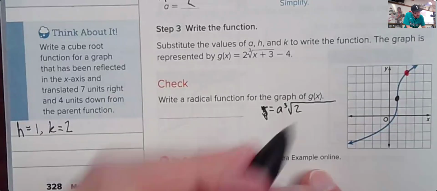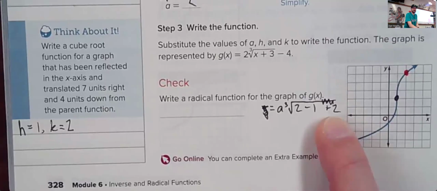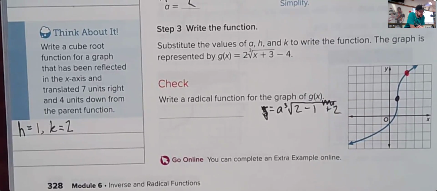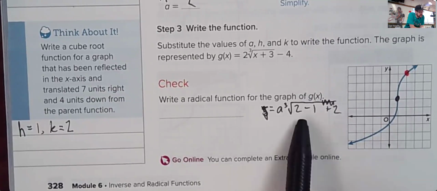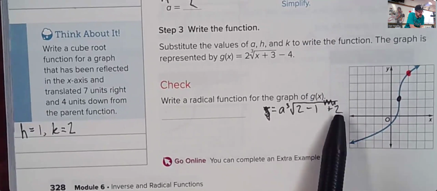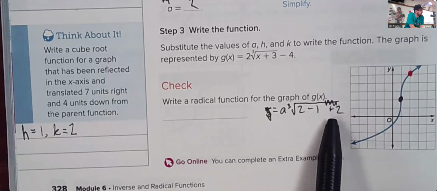Our h value is 1, so 2 minus 1 underneath that. Plus 2. That 2 is not underneath the cube root. Sorry, I extended that way too far. So x is 2, h is 1, so we leave this as subtraction. We put a plus 2 on the outside. Y equals 5. We're solving for a. I should not have extended the cube root as far as I did. That plus 2 is on the outside of it.